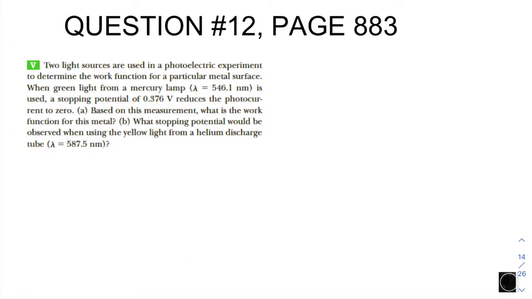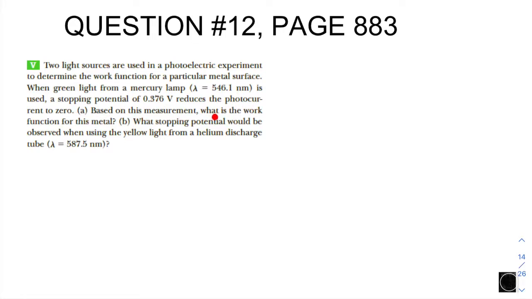Question number 12, page 883 as well. The question is asking: two light sources are used in a photoelectric experiment to determine the work function for a particular metal surface. When green light from a mercury lamp with this lambda is used, a stopping potential of 0.376 volt reduces the photocurrent to 0.